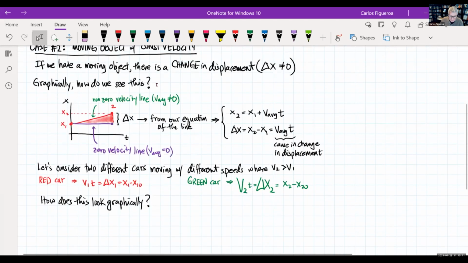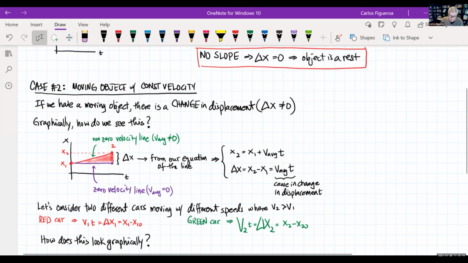So now I have a case where I have a moving object with constant velocity. So if I have a moving object with constant velocity, what we're going to do then is that we find that there has to be a change in displacement. That's what we mean by a definition of a moving object.